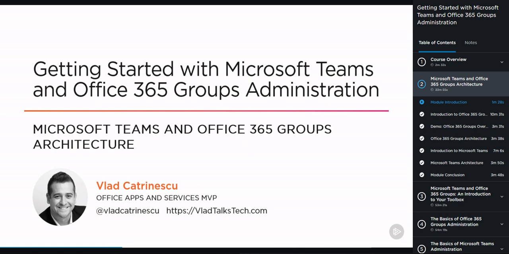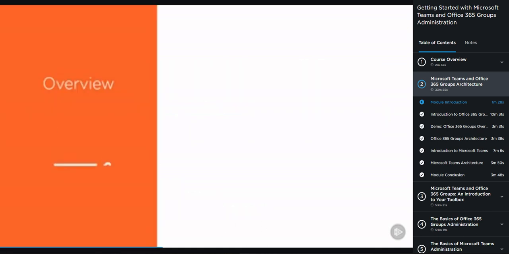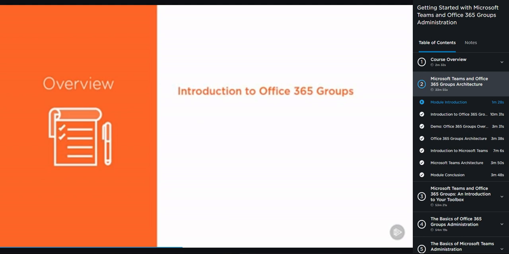In this first module, we'll talk about Microsoft Teams and Office 365 Groups architecture. We will first start with an introduction to Office 365 Groups, covering what they are and also some interesting facts on how they can be different from one another. After that, we'll dive a bit deeper into Office 365 Group architecture, understand where each part of Office 365 Groups is stored and where it must be configured.